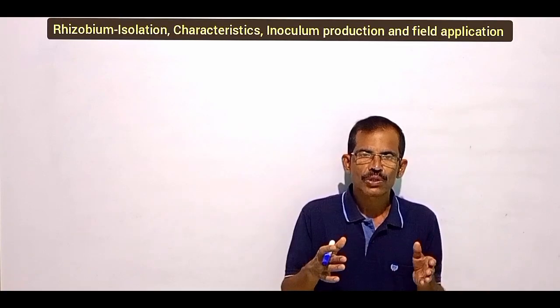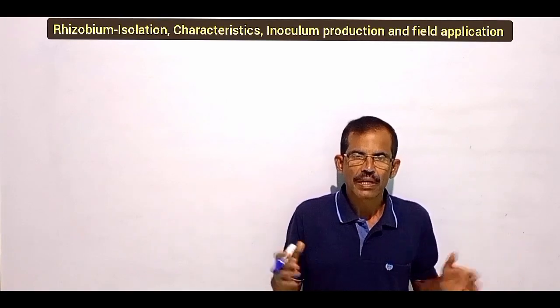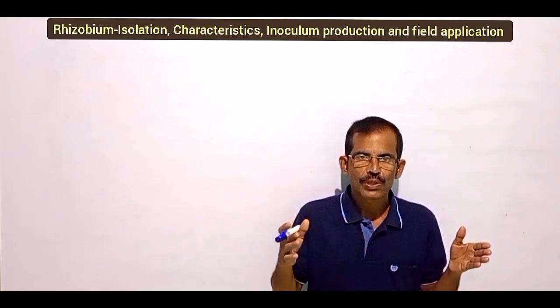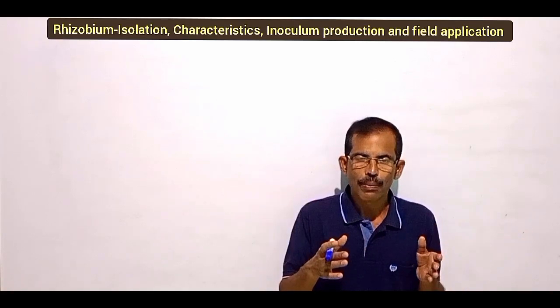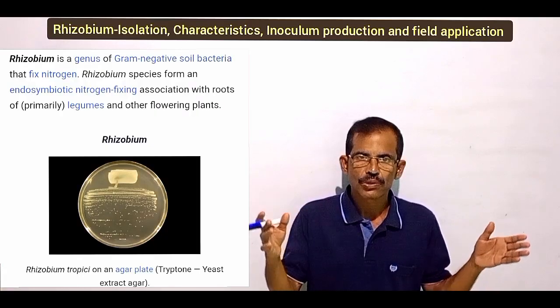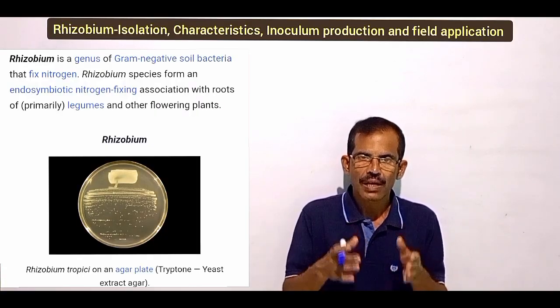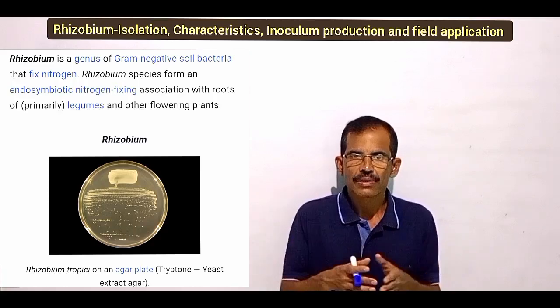Rhizobium is a genus of gram-negative soil bacteria that fix nitrogen. Different species of Rhizobium form an endosymbiotic relationship with the roots of primarily legumes and other flowering plants.